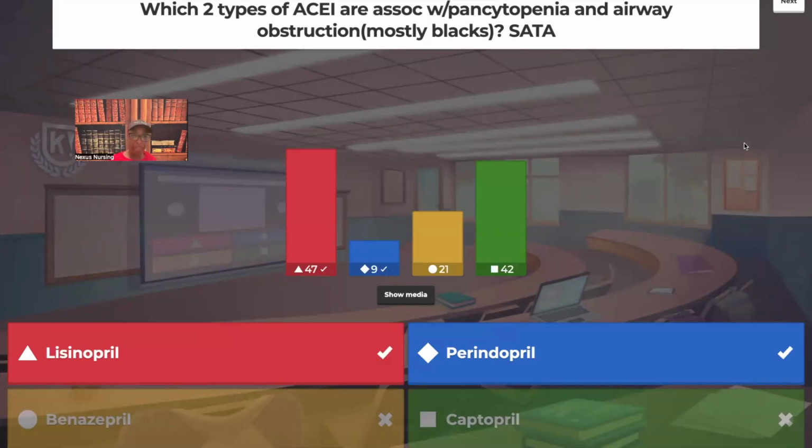All right, most of you got the lisinopril, but you didn't get the other one. It's perindopril. These two.